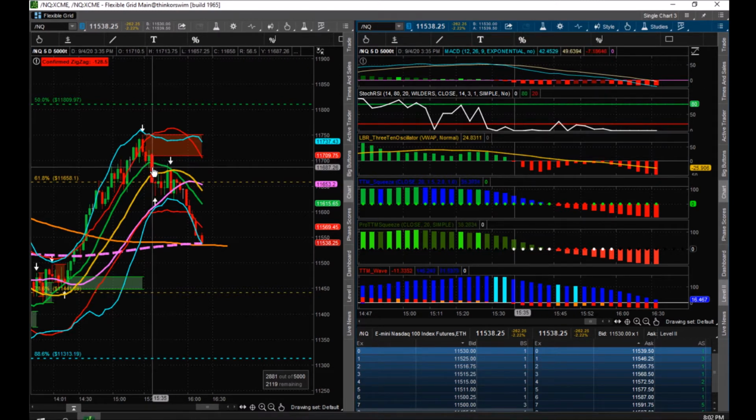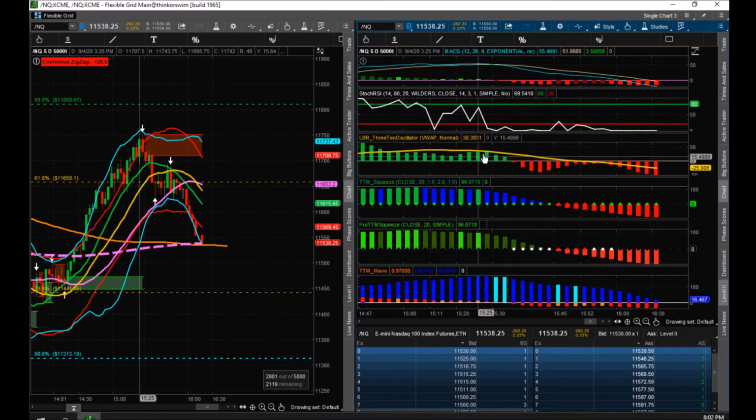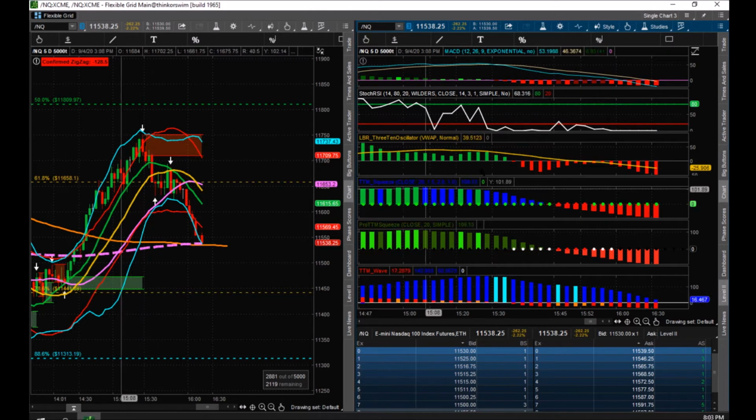Well, then the MACD also crossed over. The stochastic RSI is basically saying it's oversold. LBR is moving on down. And this is your TTM squeeze, based on the John Carter strategy.